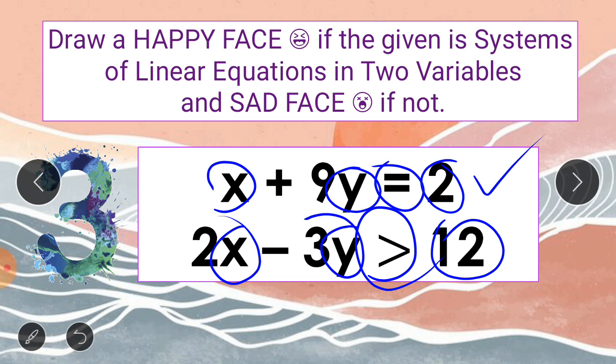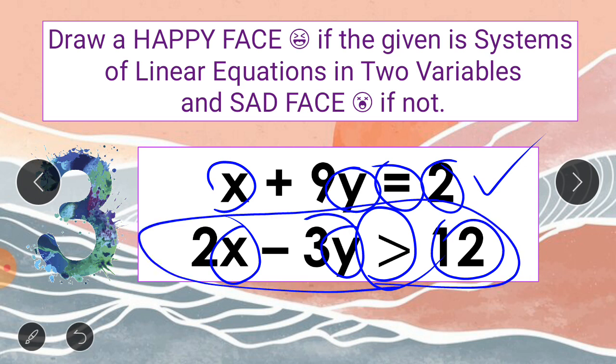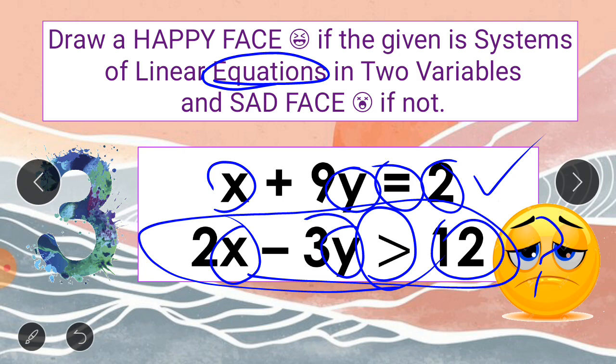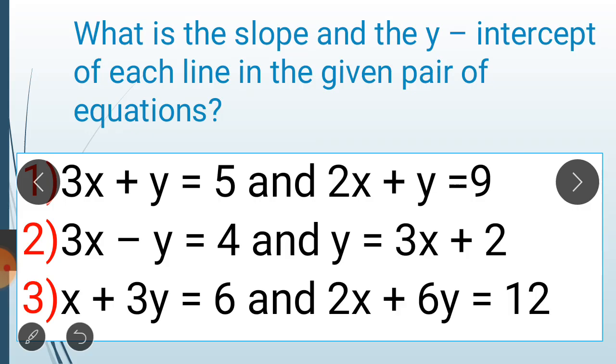So this is not a linear equation in two variables, because it did not use an equal sign. The word equation itself has the root word equal. So number 3 is a sad face. I hope everyone got 3 out of 3 on that.